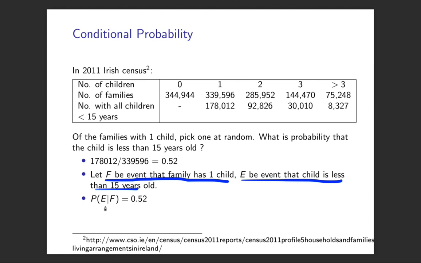Then the probability, where this vertical bar is read as "given", the probability of E, that the child is less than 15 years, given F, that the family has one child, is exactly the probability we've just calculated. It's 0.52, and that's a conditional probability. We're no longer calculating the probability, for example, out of all families that all the children are less than 15 years. Here we're focusing just on the families with one child, so we're narrowing it down by conditioning.